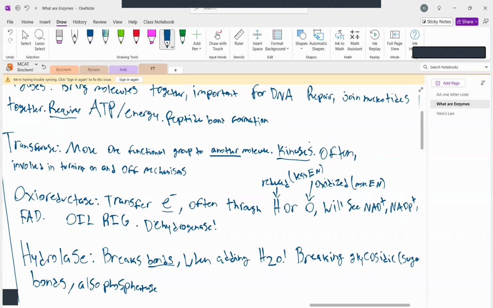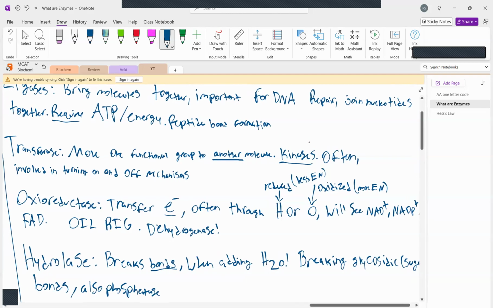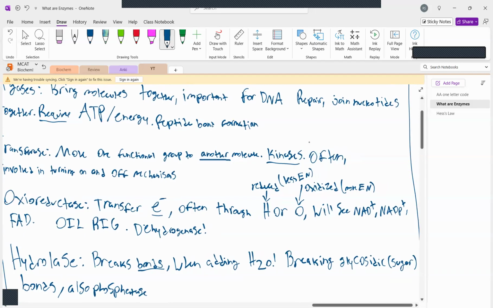It's often involved in turning on and off mechanisms or different processes in the body. It's really, really important for that. Like kinases, you'll hear that in phosphatases. A kinase is what adds on a phosphate group.